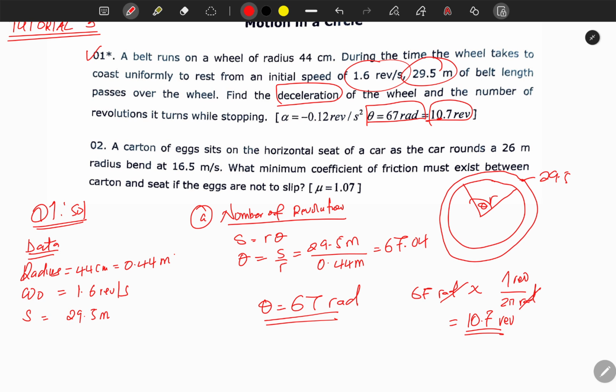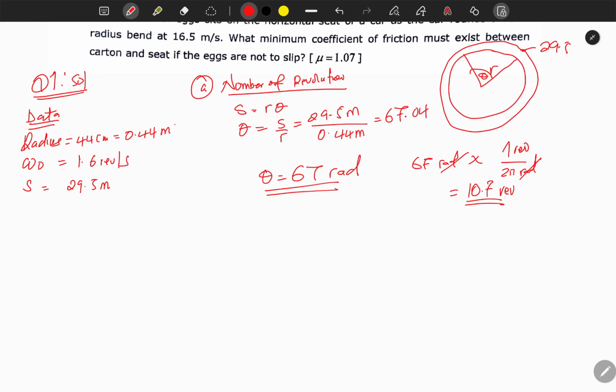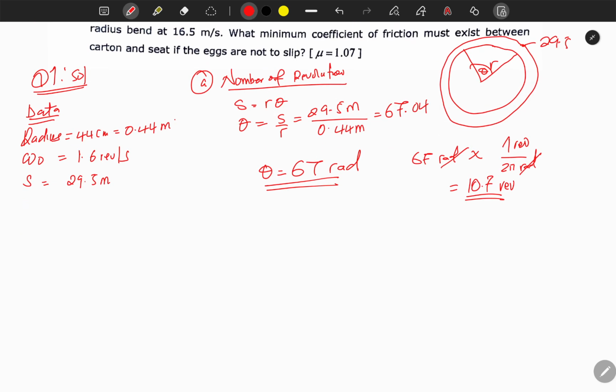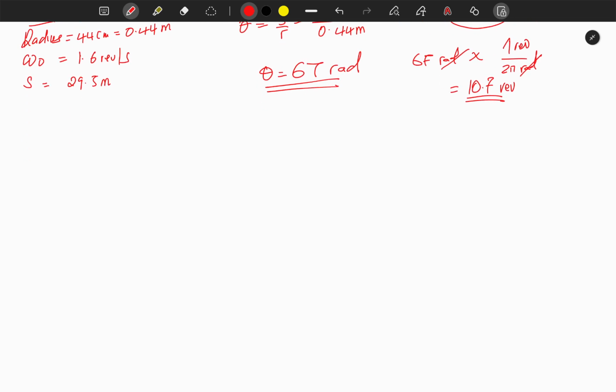Because it is going uniformly to rest, they are implying constant angular deceleration. So you know the equations of motion. When you bring them into the angular aspect, there's this equation that we use. Do you recall this? V squared is equal to U squared plus 2AS.